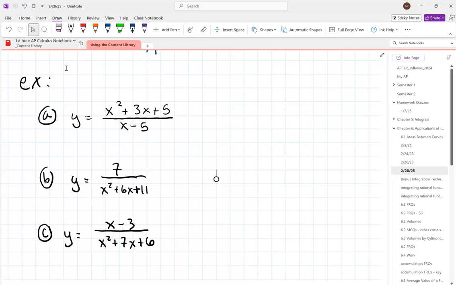We see that happening in A. For the tan inverse, what you're looking for is the degree of the numerator should be 0, and the degree of the denominator has to be an even degree. So that's what we see here. There's going to be a tan inverse one.